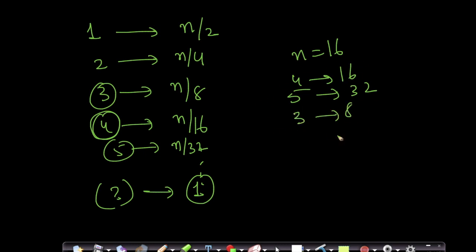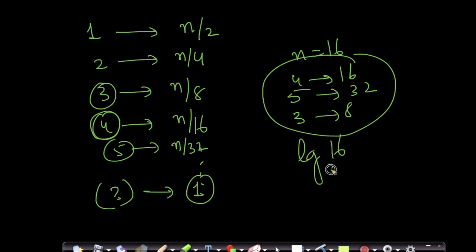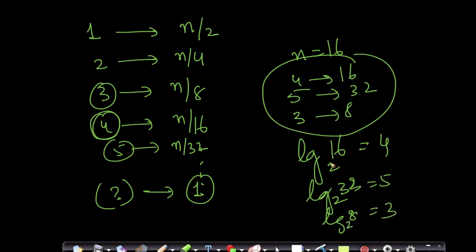Now you see the logarithmic relationship here. What is log of 16 base 2? It is 4. What is log of 32 base 2? It is 5. What is log of 8 base 2? It is 3. So at log n base 2 comparisons, you have reached exactly one element.